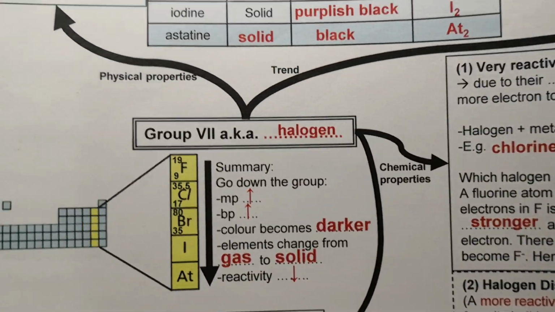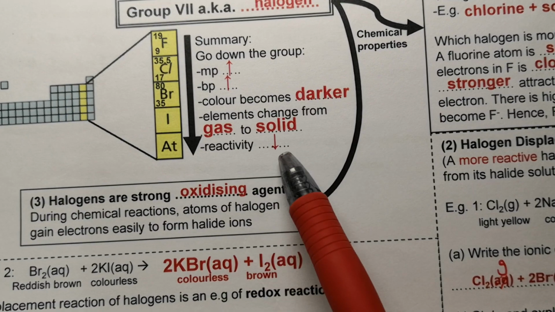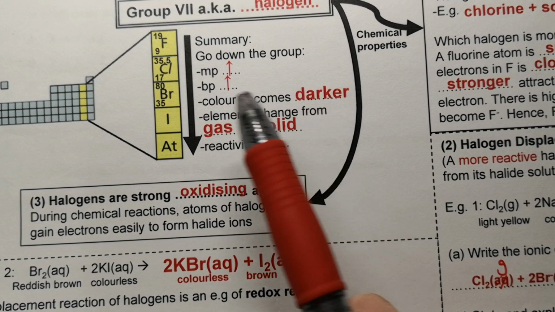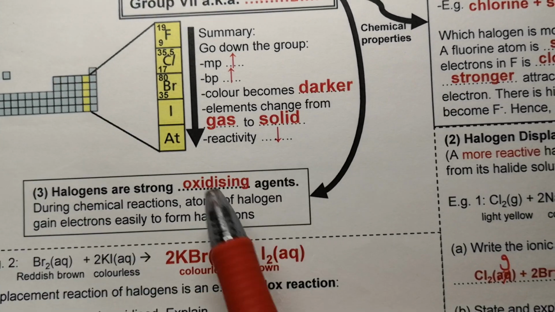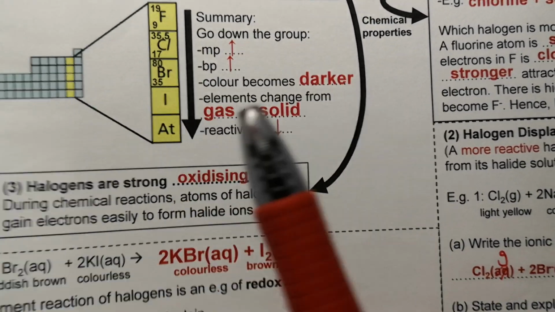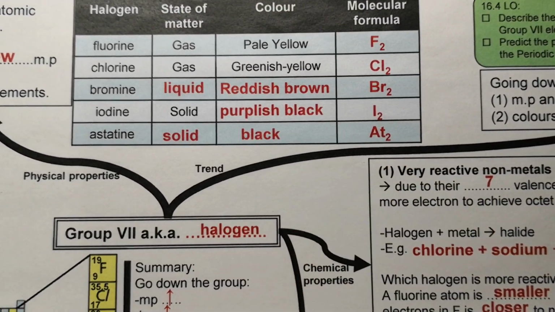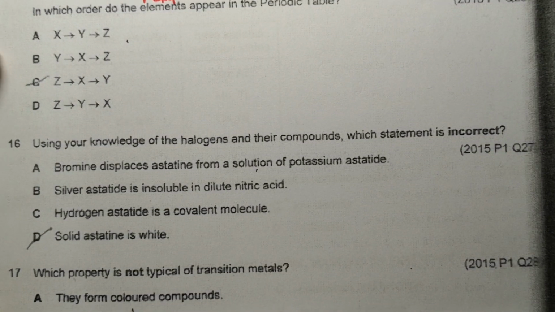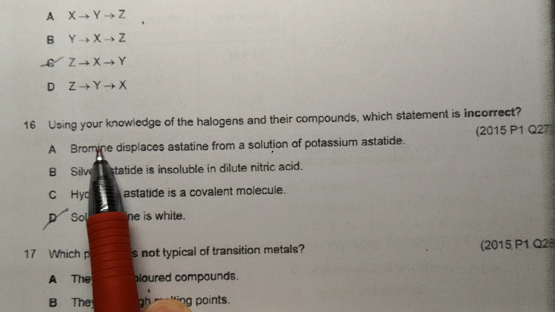So this is the mind map, page 4 of the mind map. You can see that the color becomes darker as you go down the group. So astatine is the last one. Astatine color is black. So you must memorize all these colors. Solid astatine is not white. So look at the other options.